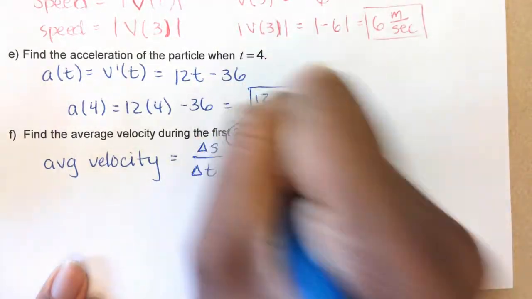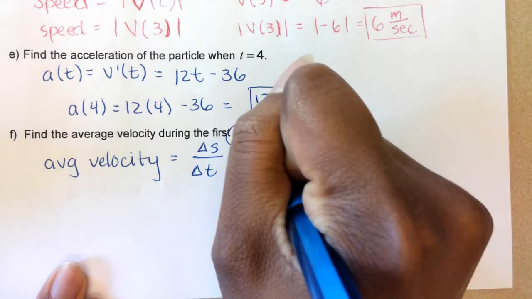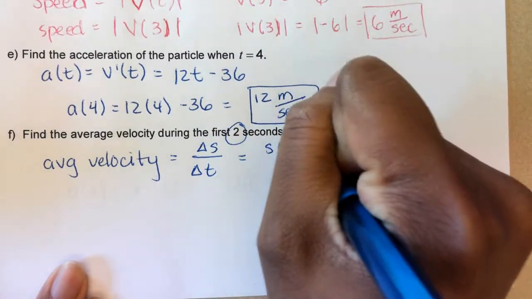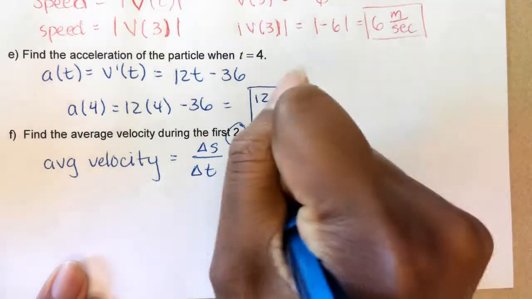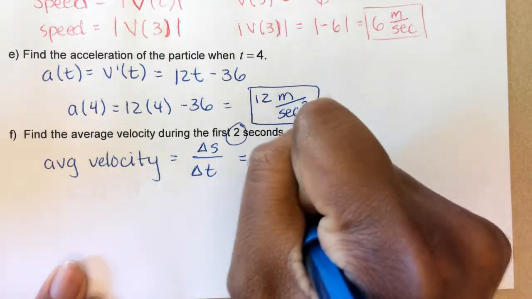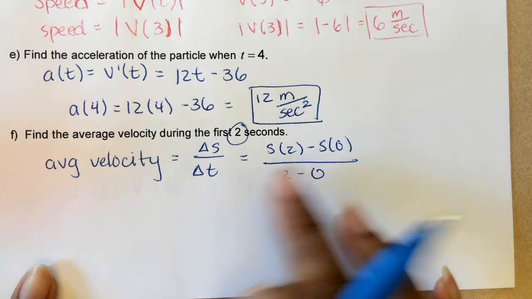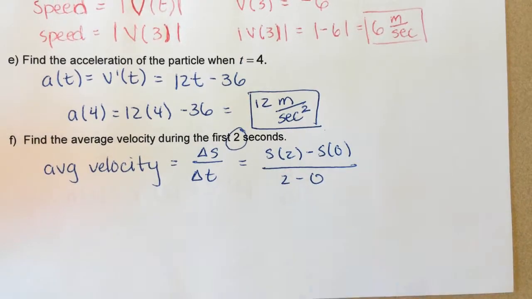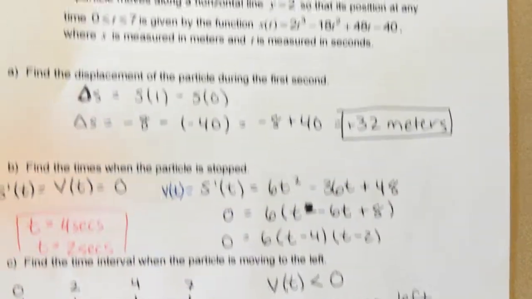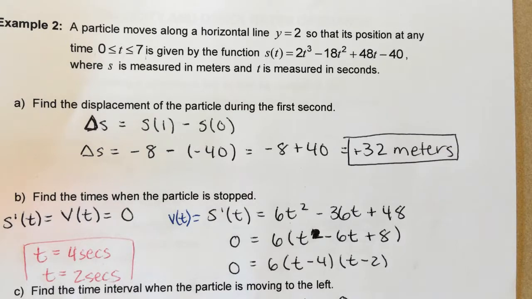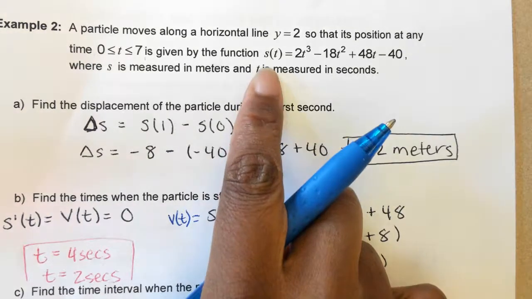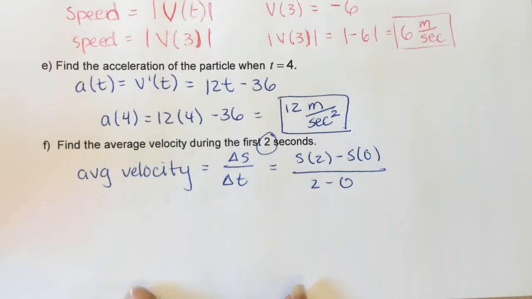So if we want it in the first 2 seconds, then we're looking for s of 2 minus s of 0, over 2 minus 0. So this brings us all the way back to our original position function up top. So we're going to plug in 2 and plug in 0.